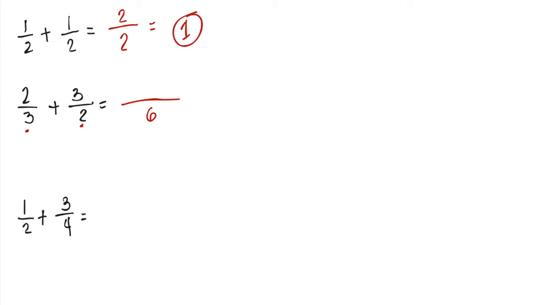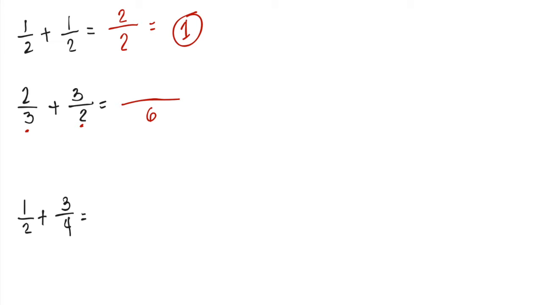Another hint to find the LCD is to multiply the denominators together. 3 times 2 is 6. So that's how you find the LCD if your denominators are two prime numbers.